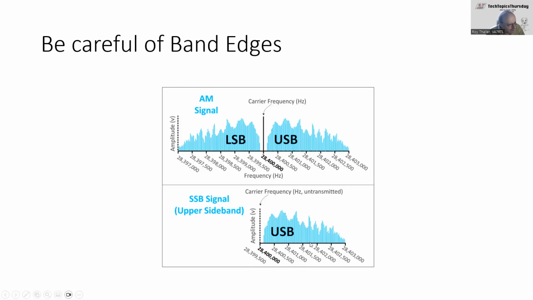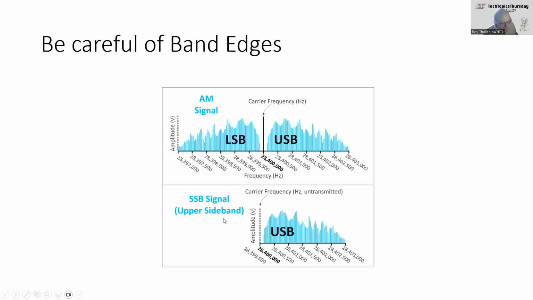If anyone tried to transmit their signal in here, they would be interfering with you or you'd be interfering with them. So it's important to know how wide your signal is. Also, you don't want to be on the edge of the band plan.